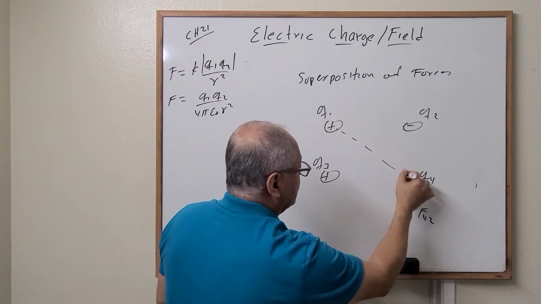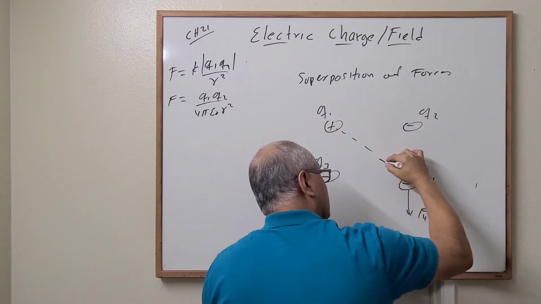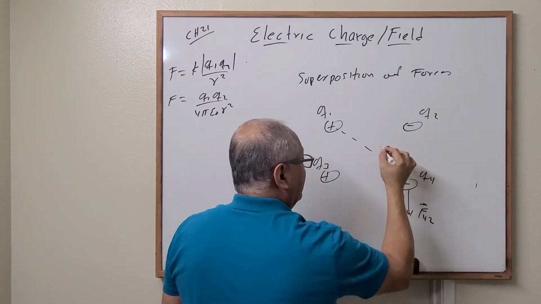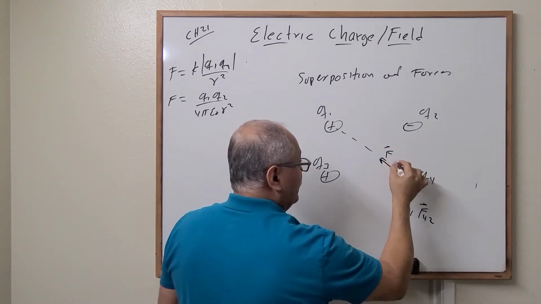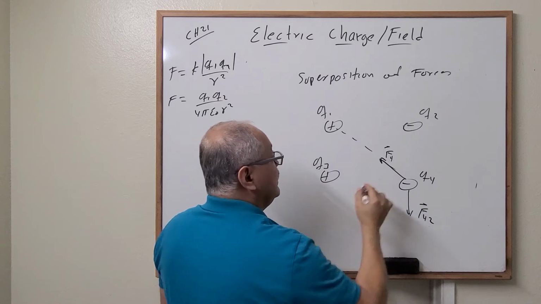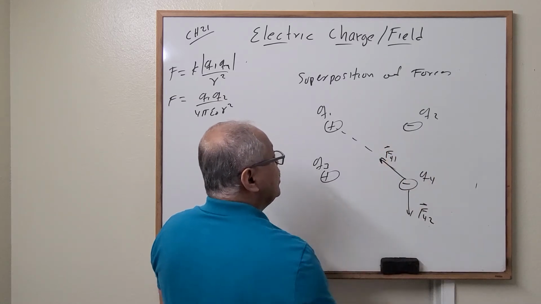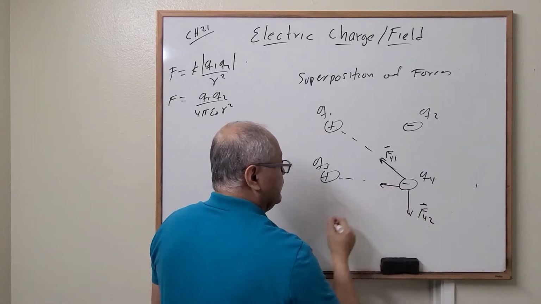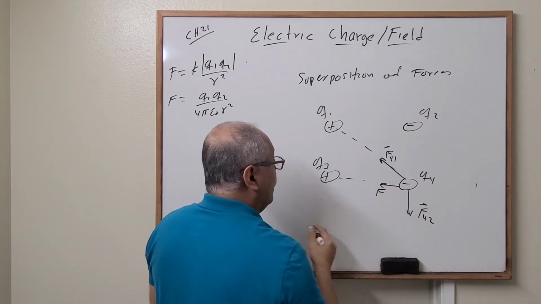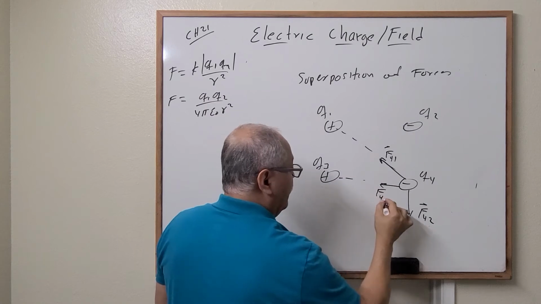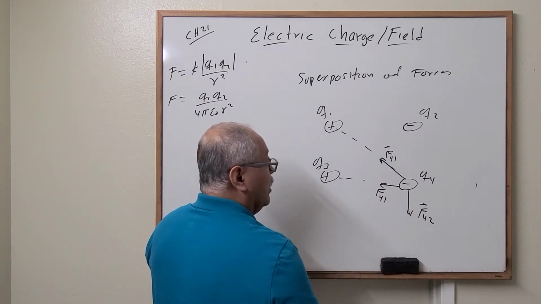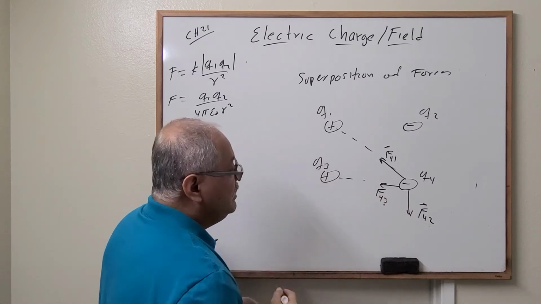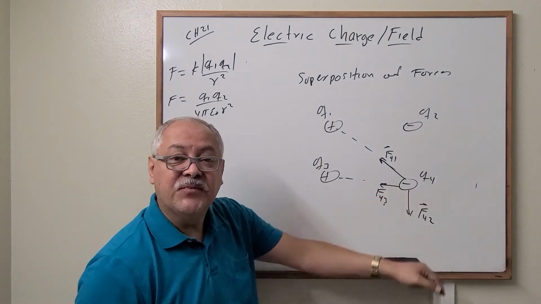Between these two, they attract, so it's in this direction: the force on 4 due to charge 1. Between these two, they attract as well: the force on 4 due to charge 3.